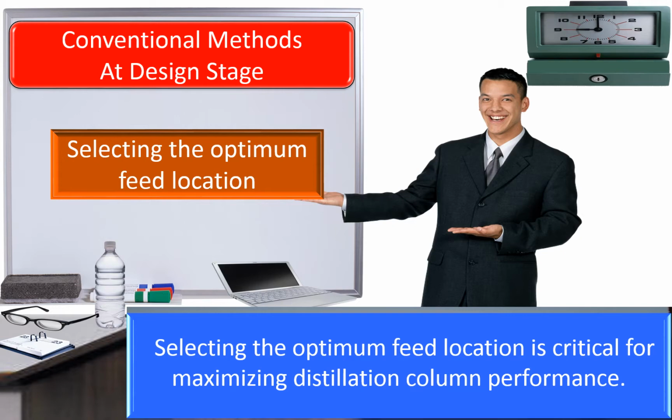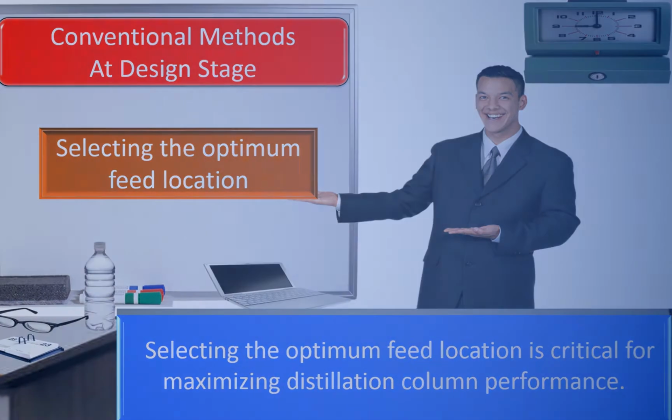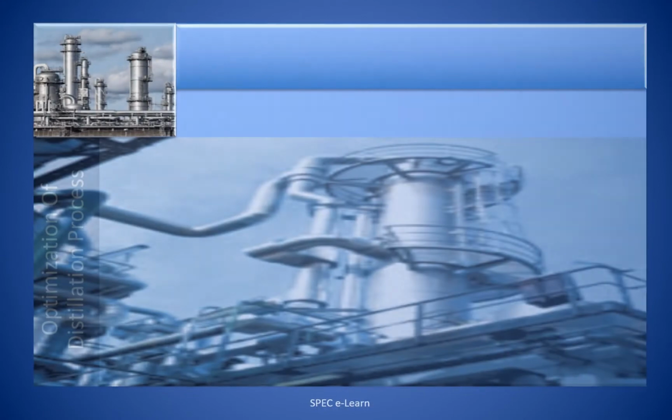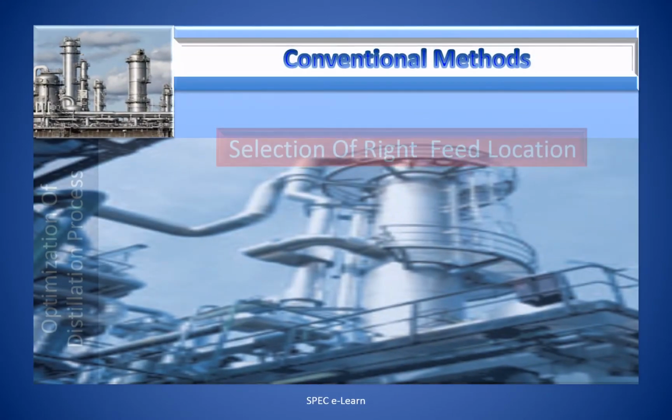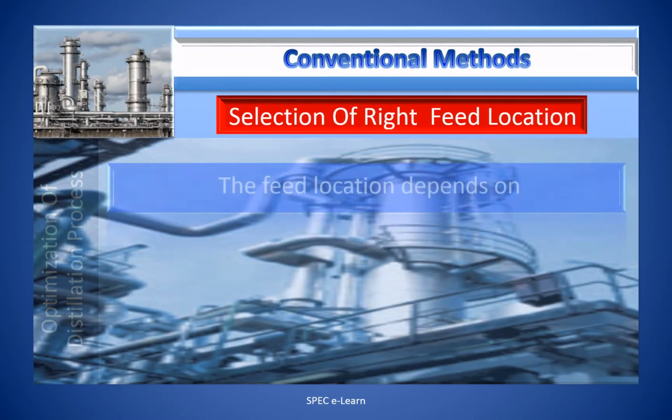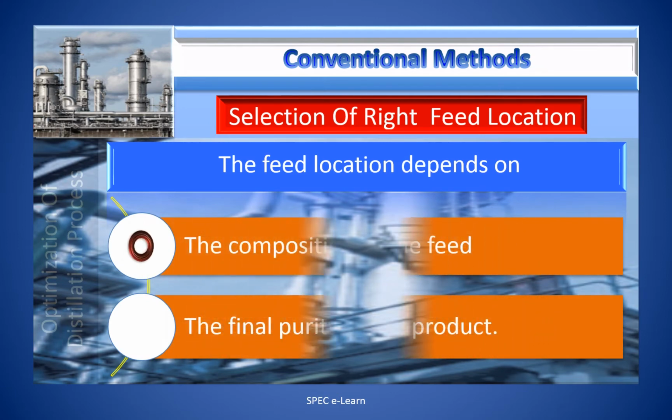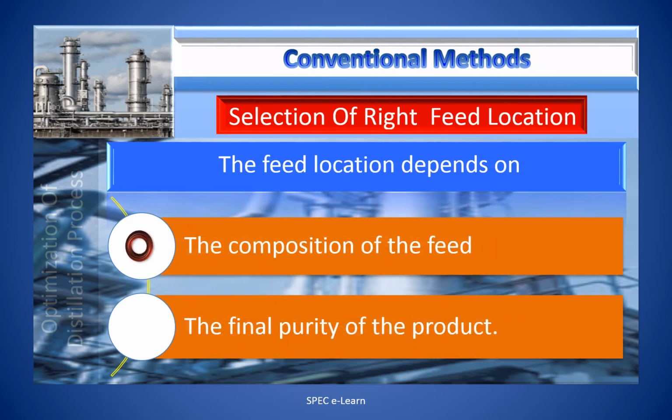Selecting the optimum feed location is critical for maximizing distillation column performance. The feed location depends on the composition of the feed and the final purity of the product required.